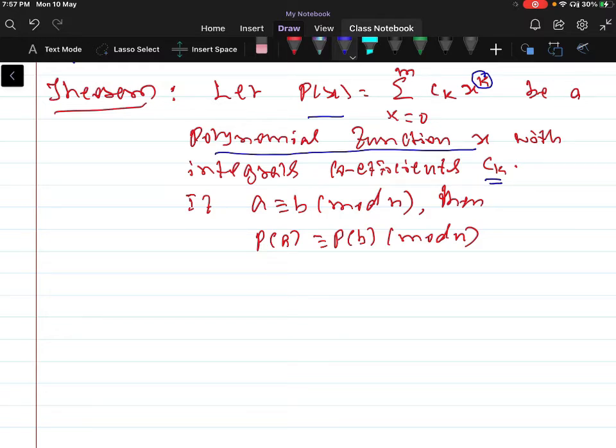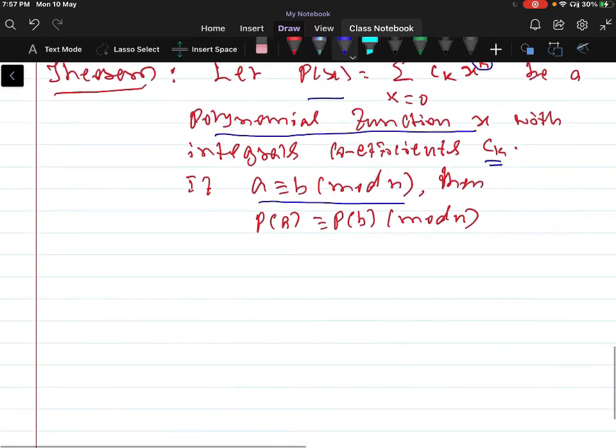If a is congruent to b modulo n, then you have to prove that p of a is congruent to p of b modulo n. Here p of a is the polynomial function value at x equal to a, and p of b is the polynomial value at x equal to b. Let us move to the proof here.